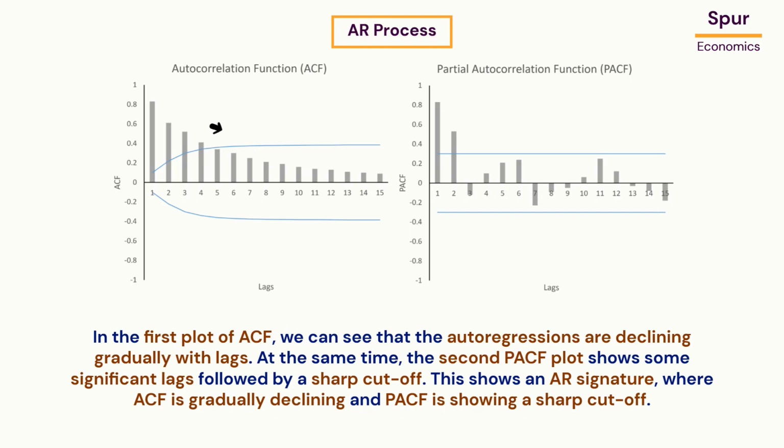In the first plot of ACF, we can see that the autocorrelations are declining gradually with lags. At the same time, the second PACF plot shows some significant lags followed by a sharp cutoff. This shows an AR signature where ACF is gradually declining and PACF is showing a sharp cutoff.